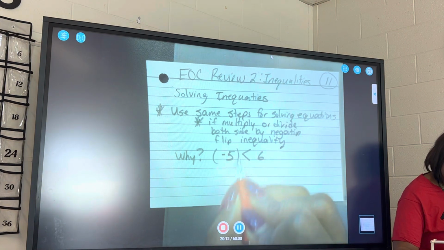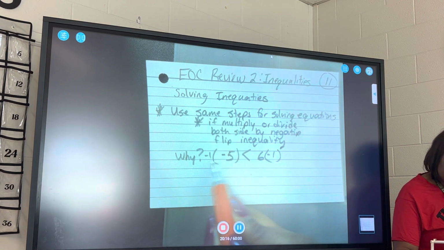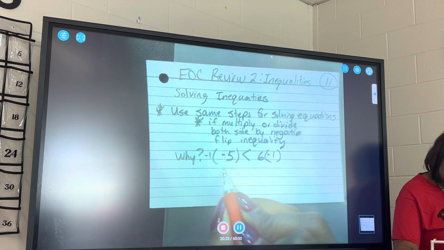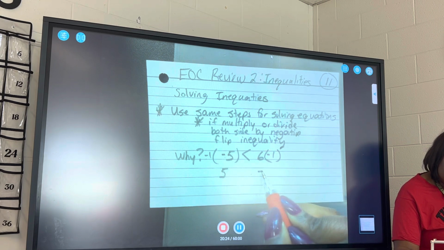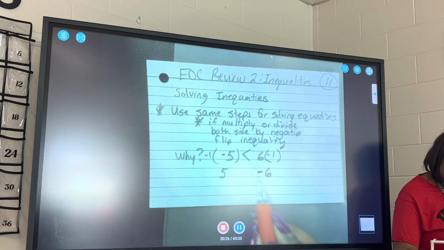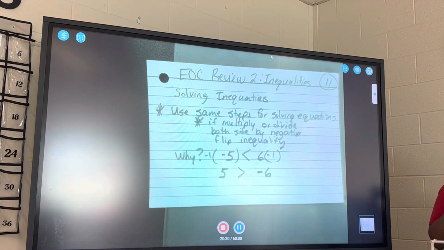A negative times a negative is now what? Positive. A positive 5. And this is now a negative 6. So now which one's bigger? The 5 is bigger. Do you see? So when you multiply by a negative, that makes the inequality flip because of that reason.